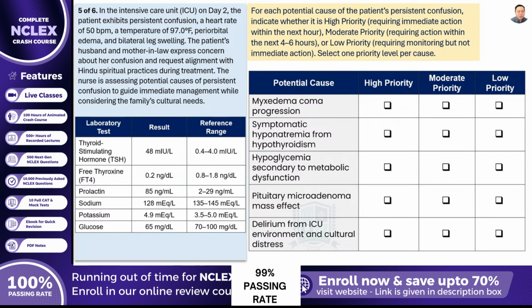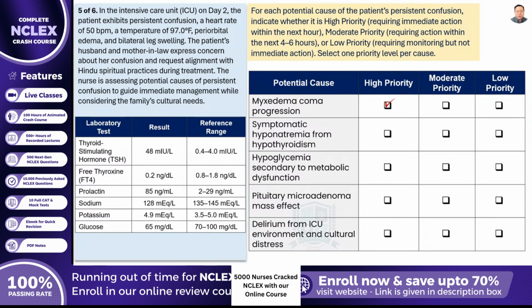Now, for the first potential cause, what do you think about this one? This is strictly high priority because this is what's causing her confusion, the hypothermia, the bradycardia, and swelling, all pointing to myxedema. This is life-threatening if not aggressively treated.